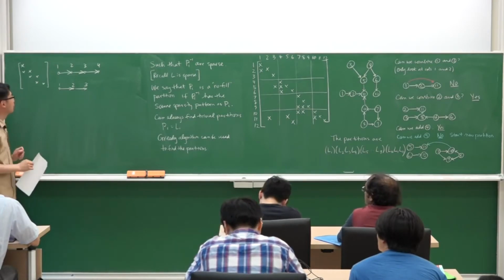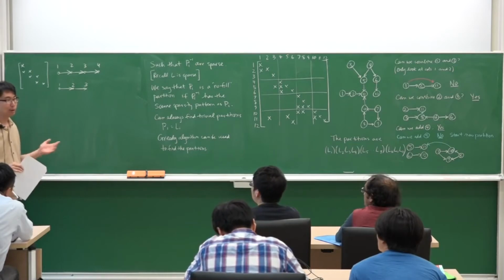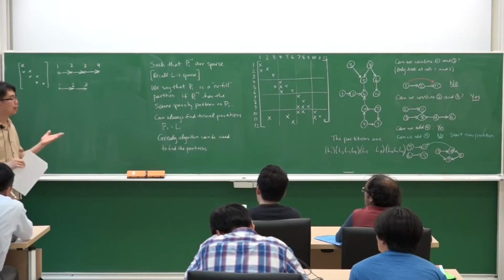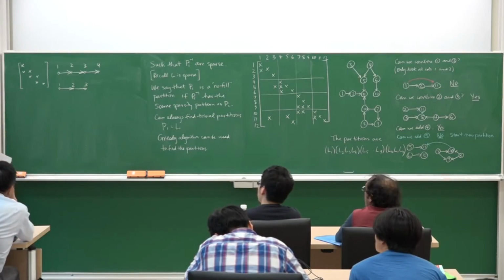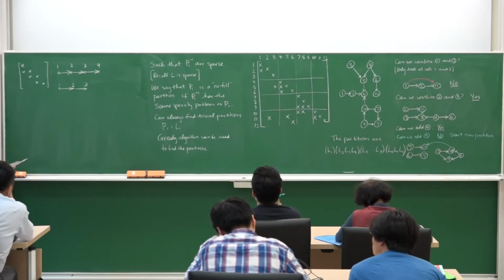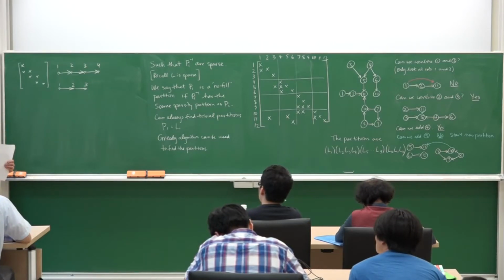Can we combine 2 and 3? By the very same argument, we cannot combine 2 and 3. And so we cannot combine any. So for this example, all of the partitions are the trivial partitions. Okay? Unfortunately, this is a very common case. So it seems like this method really sucks.